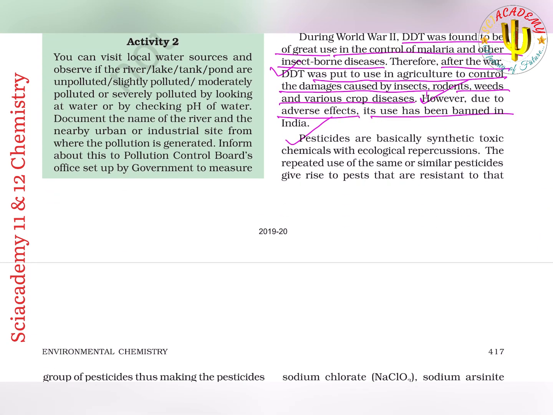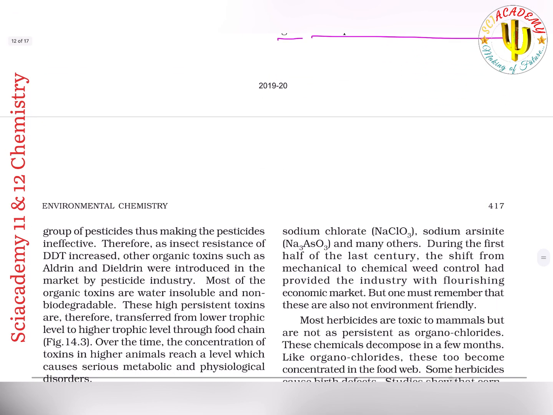Thus, the repeated use of the same or similar pesticide gives rise to pests that are resistant to that group of pesticides, thus making the pesticides ineffective. Therefore, as insect resistance to DDT increased, other organic toxins such as aldrin and dieldrin were introduced in the market by the pesticide industry.